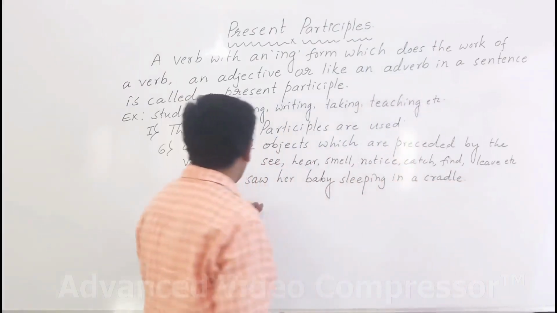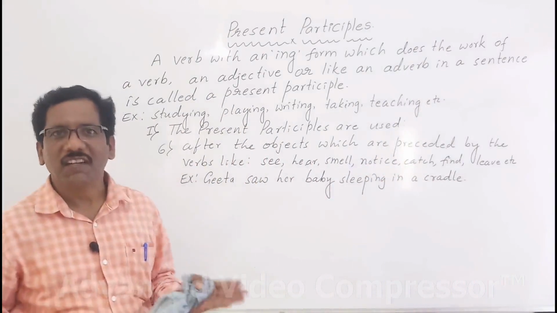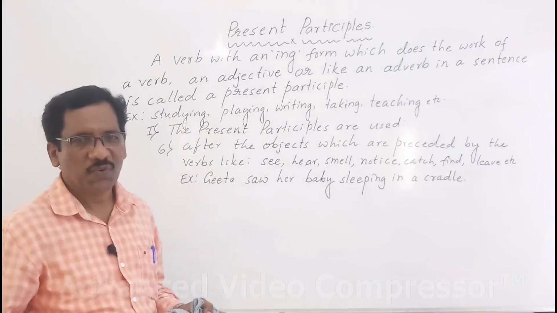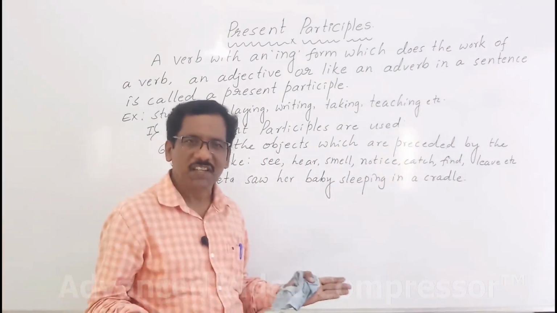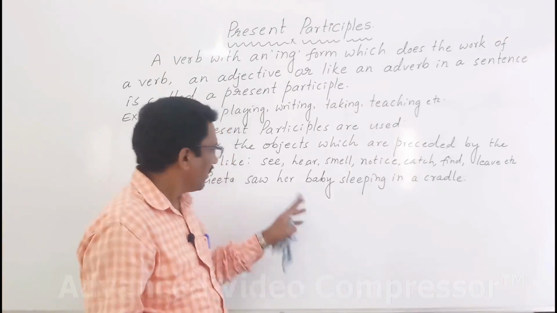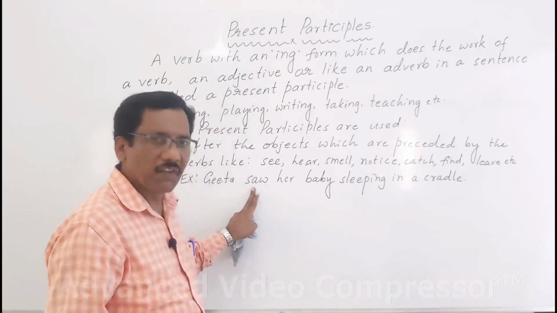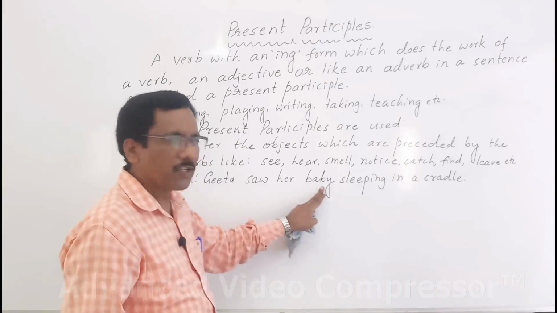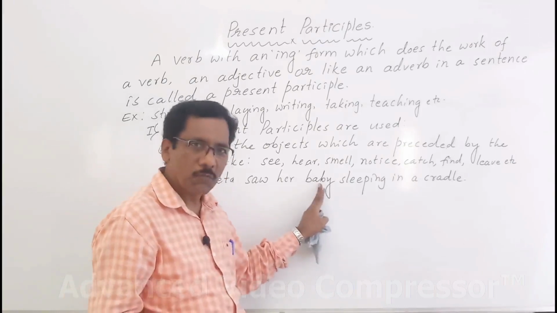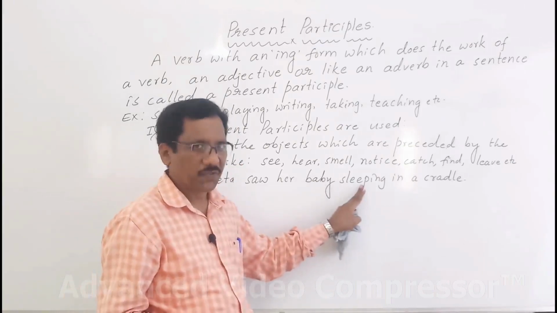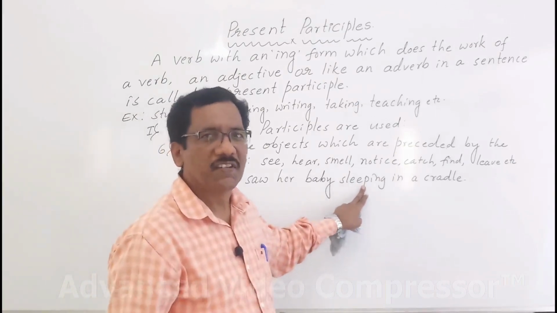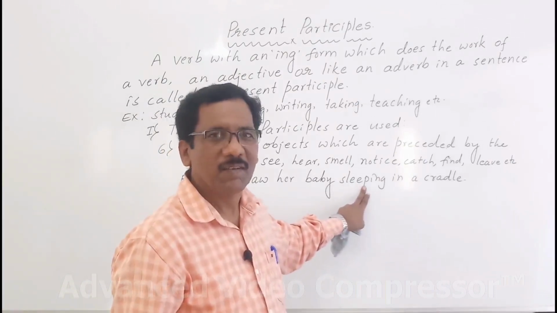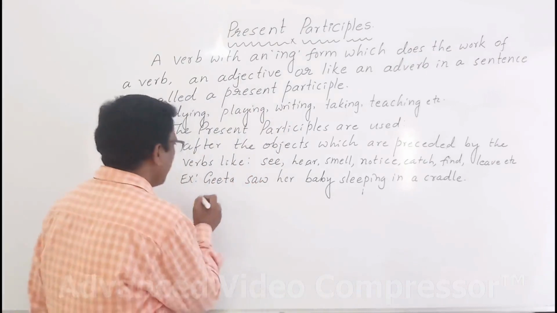Come on. Geeta saw her baby sleeping in a cradle. Here, saw is the finite verb. Her baby is the object. After the object, sleeping is used. What's sleeping here? Present participle.